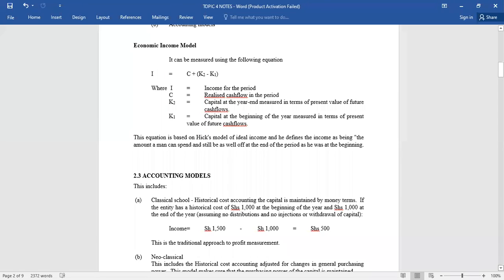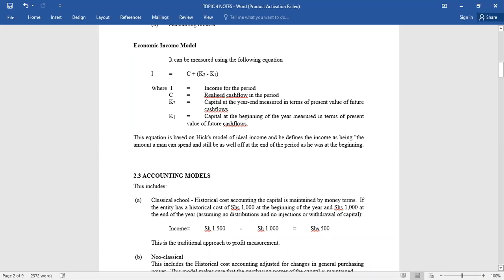So we are replacing our dividends or the distributable income with realized cash flow. The equation is based on Hicks' model of ideal income, and he defines income as being the amount a man can spend and still be as well off at the end of the period as he was at the beginning.